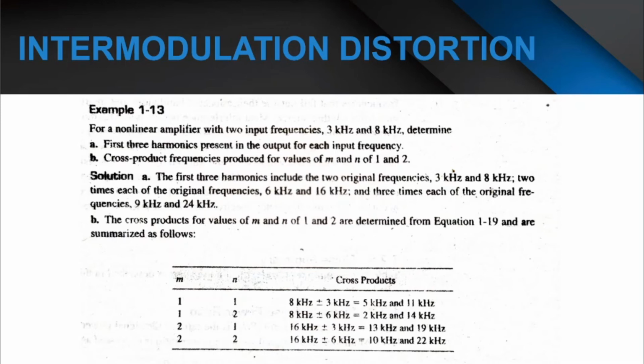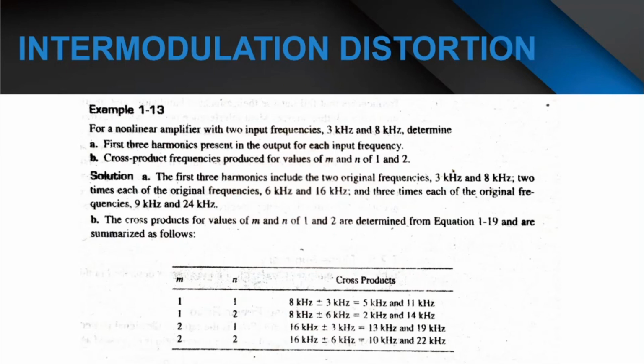Now, for the second line, where the m is 1 and the n is 2, 1 times 8 is 8, 2 times 3 is 6, so 8 plus 6, we get 14, so 14 kHz, and 8 minus 6, we get 2, so 2 kHz, so the cross products will be 2 kHz and 14 kHz.